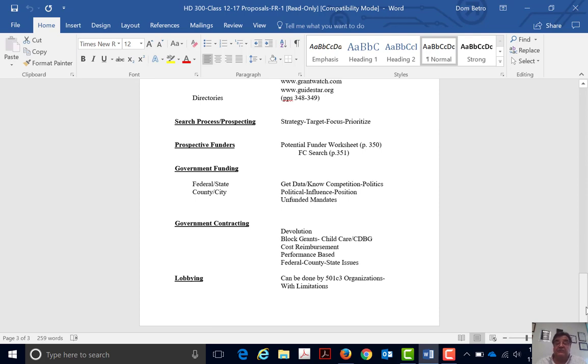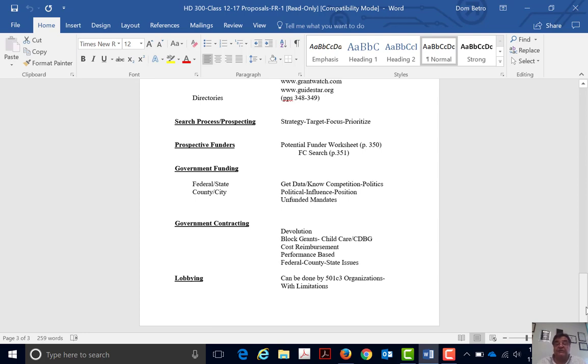Block grants, such as child care and CDBG, are monies that have come to the states in large numbers, and the states get to use them as they will. So rather than being directly funded from the federal government, it's disseminated in large block grants that the local levels are able to determine. This is a good idea in concept, but it also opens it up to a lot of political influences.